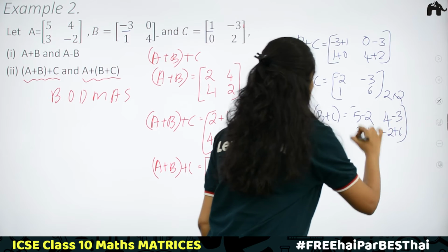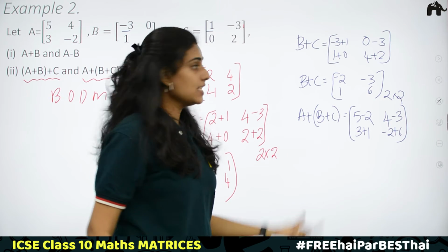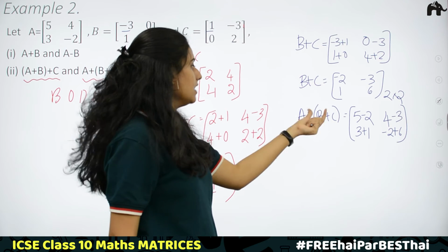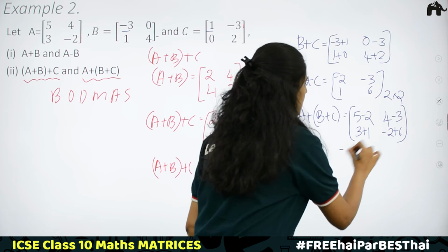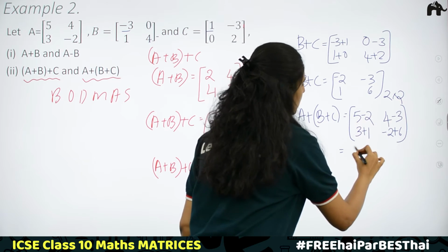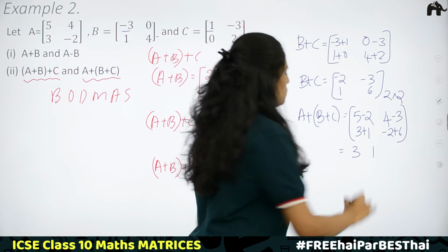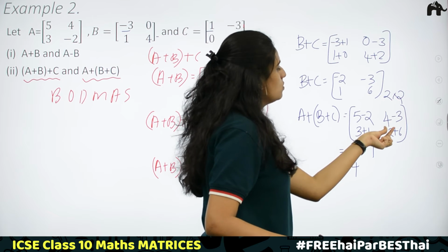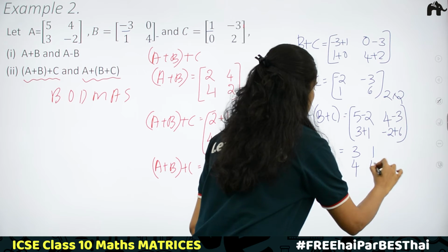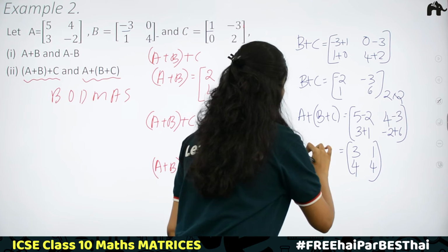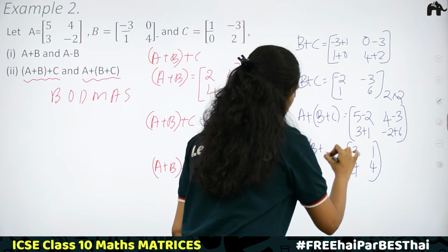These are the elements of A plus (B plus C). First we found B plus C and added A to this. We will be getting 5 minus 2, 3. 4 minus 3, 1. 3 plus 1, 4. Minus 2 plus 6, that is again 4. This is what A plus (B plus C) is.